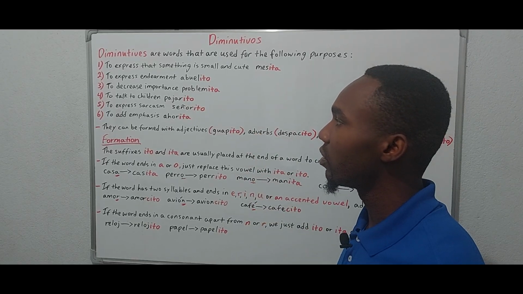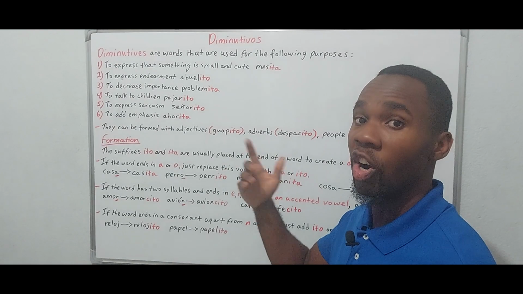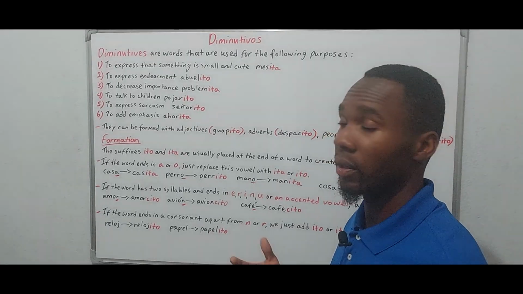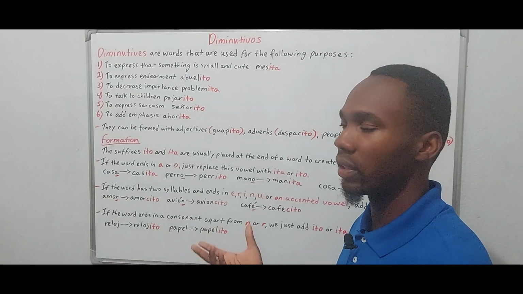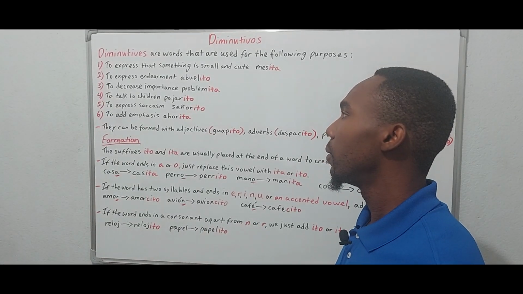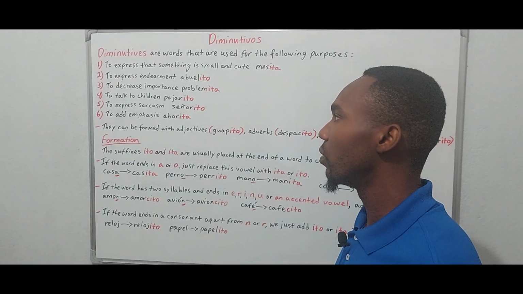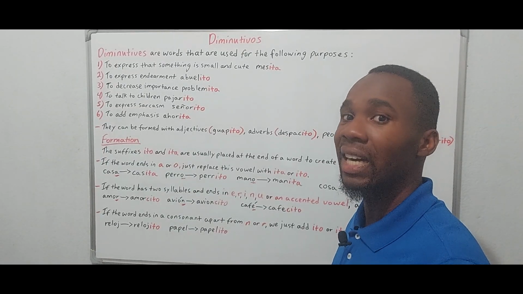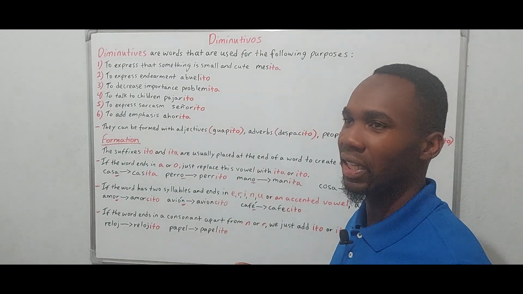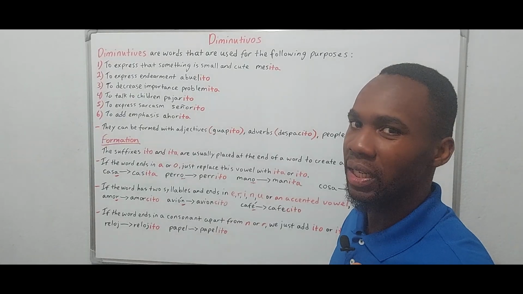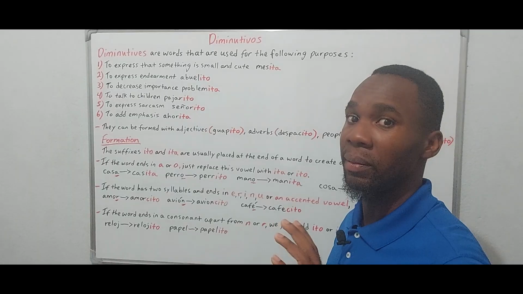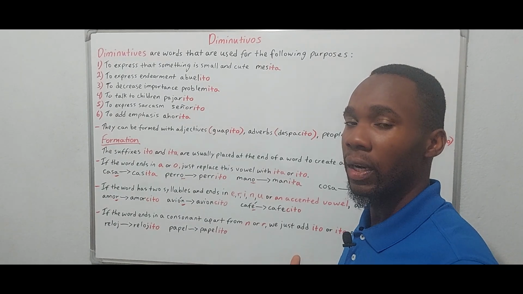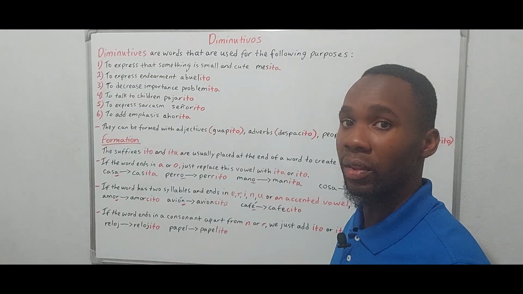Five, to express sarcasm. I should also say contempt. For example, señorito comes from señor, which means sir, Mr., etc. But señorito, we can use this to refer to someone who is arrogant, someone who thinks very highly of himself. But really and truly, he should not be arrogant, because maybe he has nothing to be arrogant about, yet he still carries himself with a lot of pride.